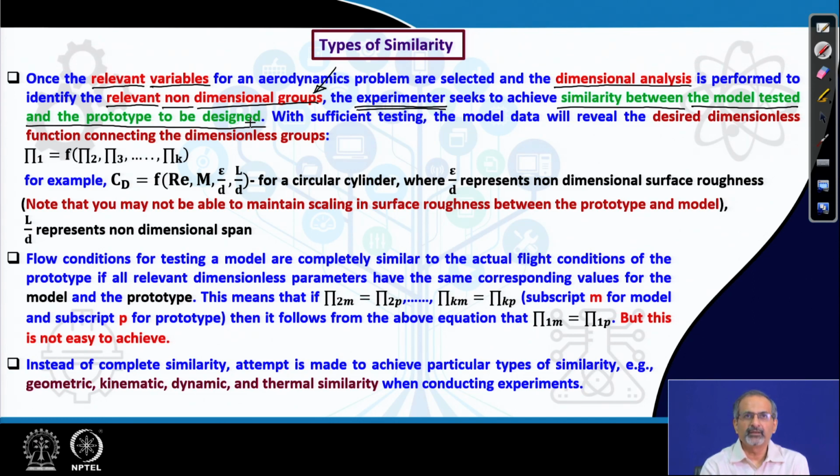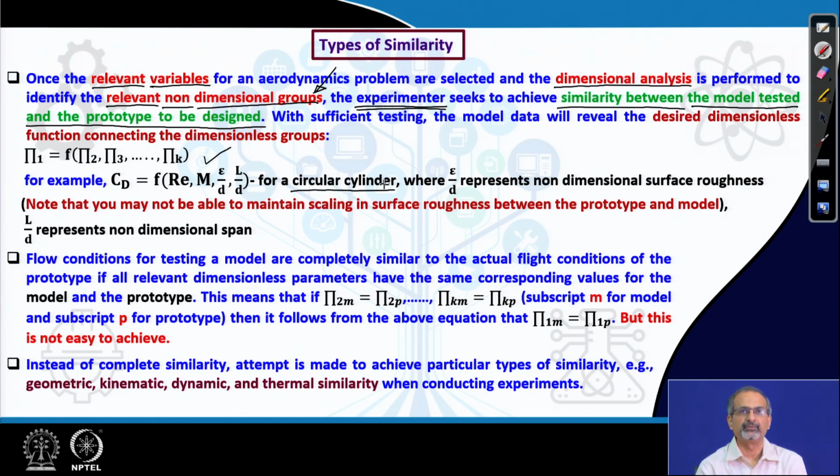Now, very often you may not be able to match the non-dimensional groups perfectly between the two, that is the reality. With sufficient testing, the model data will reveal the desired dimensionless function connecting the dimensionless groups. For example, if you are experimenting with a circular cylinder, it has a certain span and a certain diameter, and you have fixed it in a wind tunnel test section.